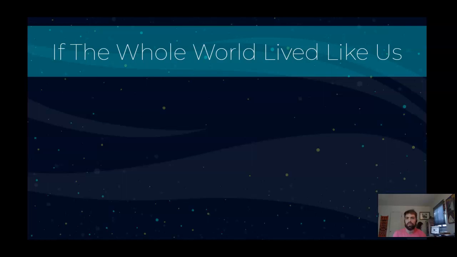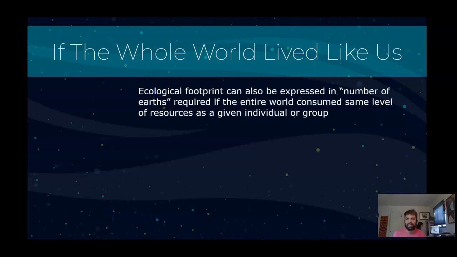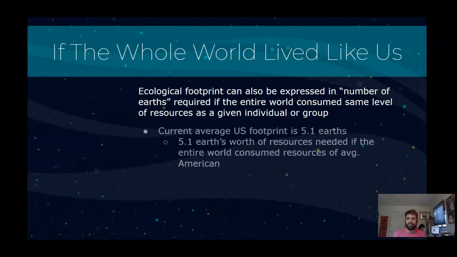So if the whole world lived like us, ecological footprint can be expressed in the number of Earths required if the entire world consumed the same level of resources. So right now, if everyone consumed the way that the average American does, the average is 5.1 Earths. So 5.1 Earths worth of resources is needed if the entire world consumed the resources of the average American.